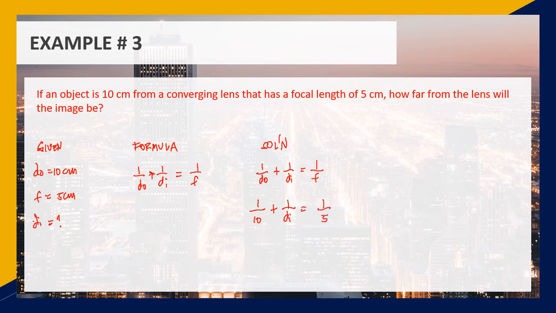Okay? So if we solve, we get di equal to 10 centimeters. Okay? So that is the distance of our image. If we describe it, a positive value means real. The image is real. Okay? That's it.